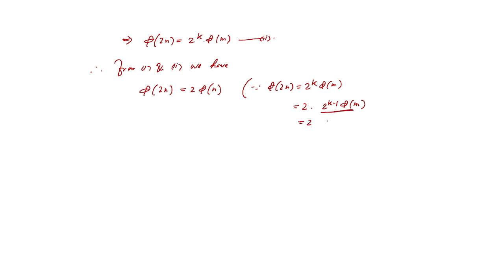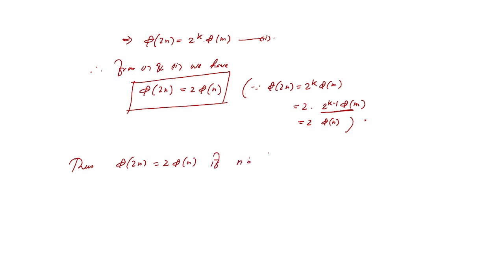This is basically our phi n. Okay, so we have proved the result if n is an even integer. So thus what we proved is phi of 2n equals 2 into phi n if n is even.